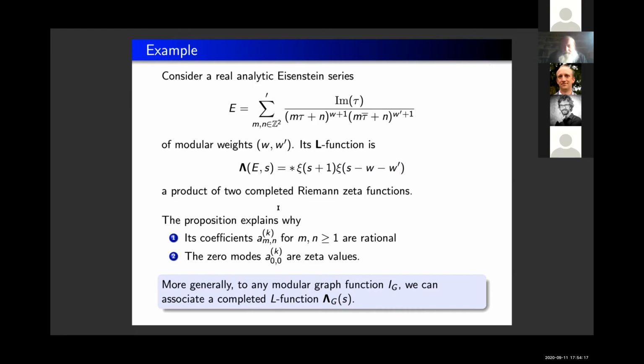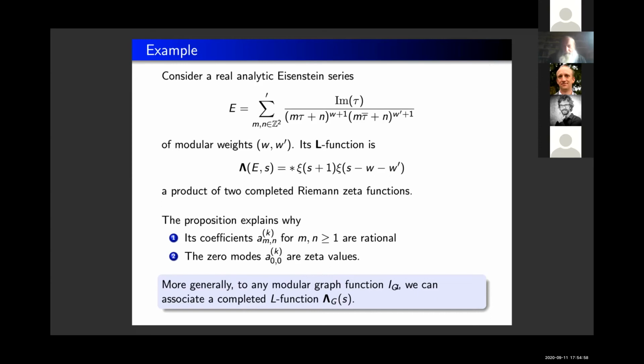And that explains a lot, because if you look at the Fourier expansion of a real analytic Eisenstein series, you know that all the Fourier coefficients are rational, but the zero modes are zeta values. That follows from the previous proposition, because the zero Fourier modes are just the residues of this zeta function, and it has exactly two poles. There's one pole coming from one zeta function and one from the other, and you get an odd zeta value and an even zeta value respectively. So it explains precisely where these zero Fourier modes are coming from.